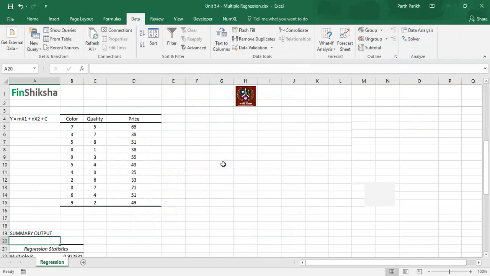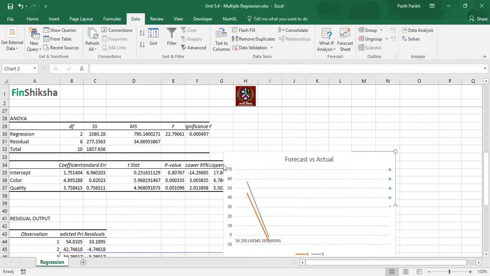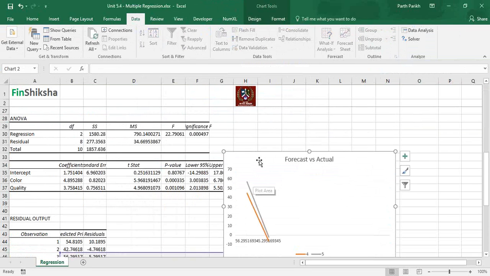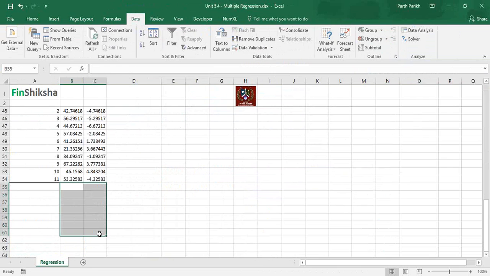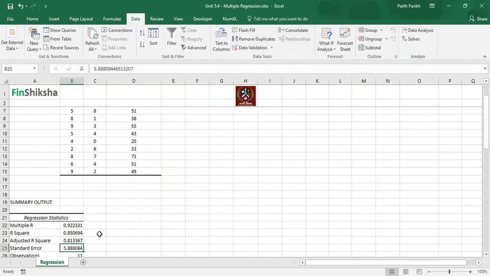There would have been some data, but it will override this basically. Okay. So I have got my charts over here. I have got my inputs over here. So this is what we are looking for, and this is what we were actually trying to find out.